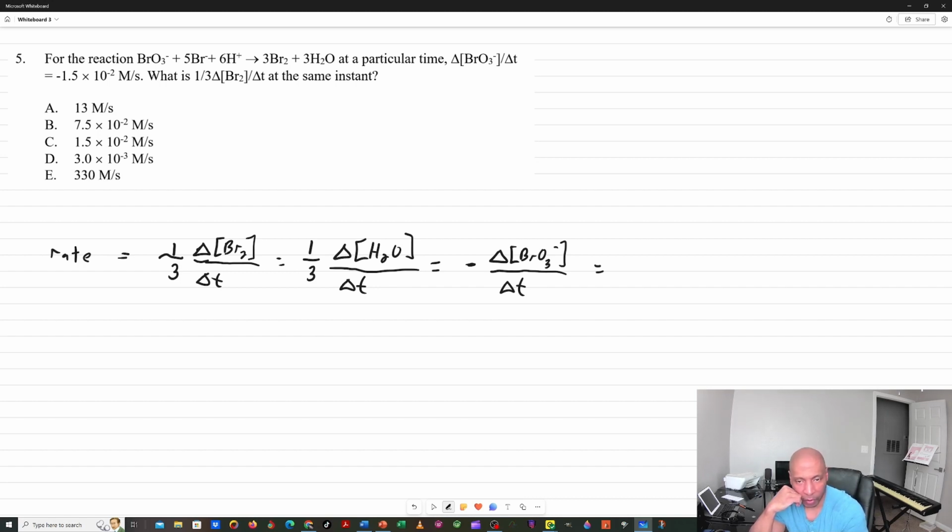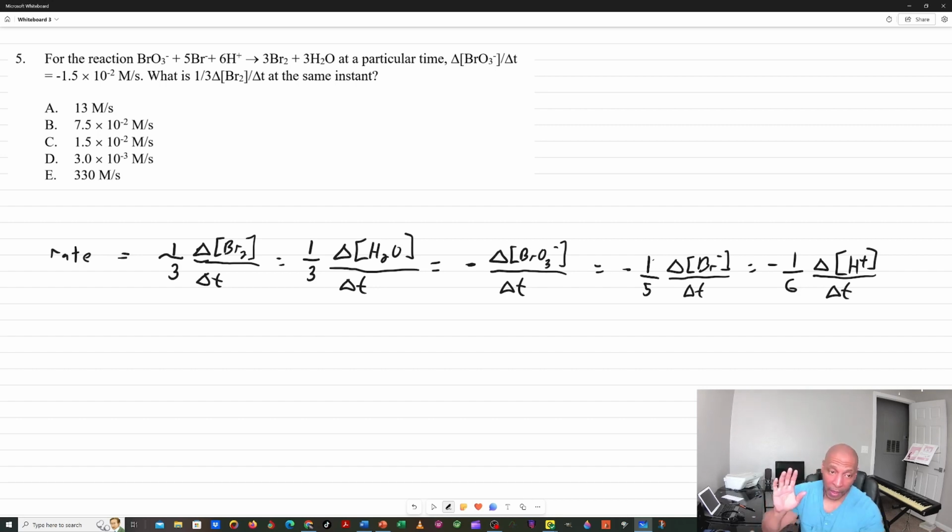And I might as well go ahead and put my bromide down here too. A negative times 1/5 times the change in my bromide concentration with respect to the change in time. That's equal to a negative 1/6 times the change in my proton concentration with respect to the change in time. All right.